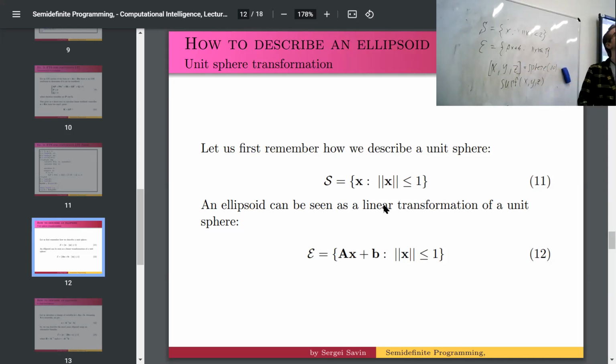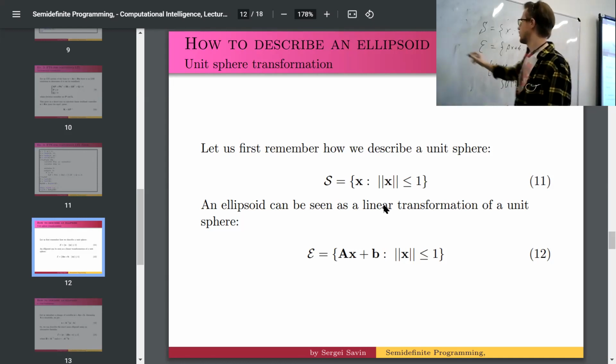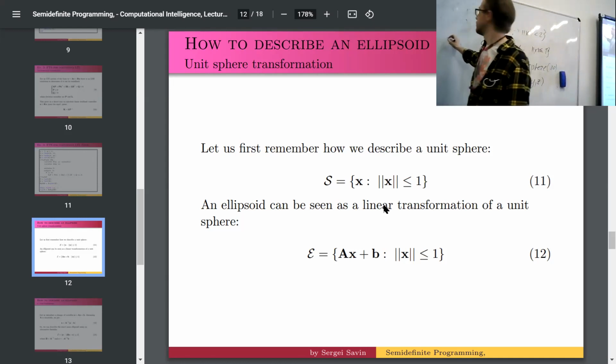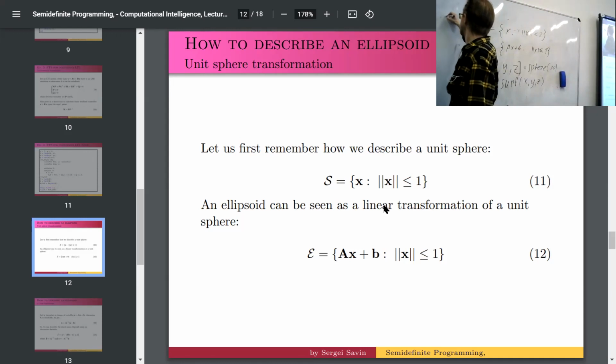Oh, yep, but how? What you can do is try to write it as a for loop. Let me write it here. You can write it as a for loop.